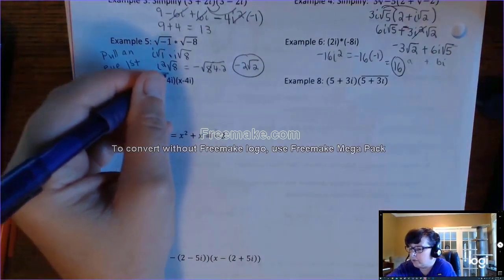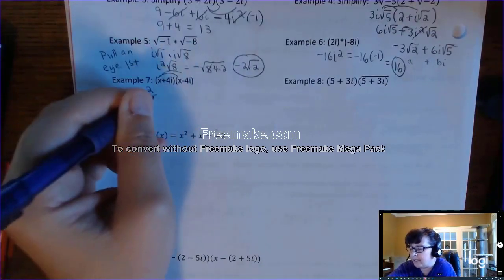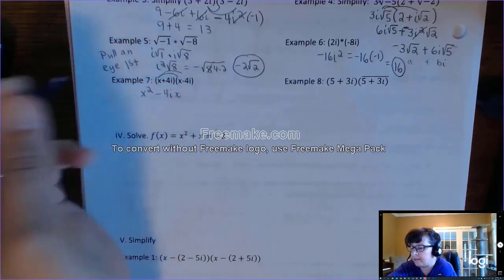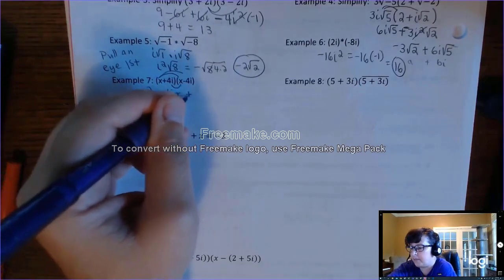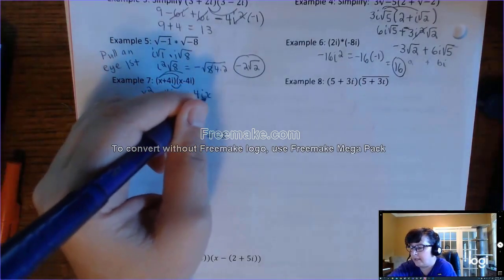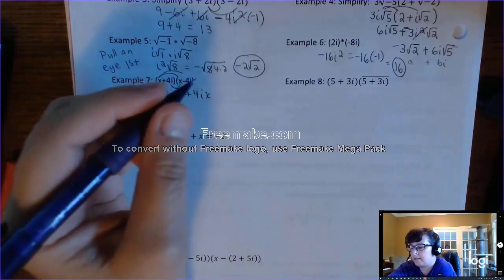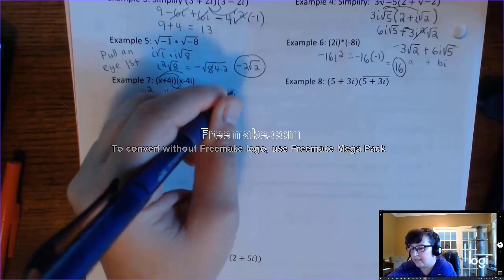So you have x times x, that's x squared, and then x times negative 4i is negative 4ix. And then 4i times x is positive 4ix. And negative 4i times positive 4i is negative 16i squared.